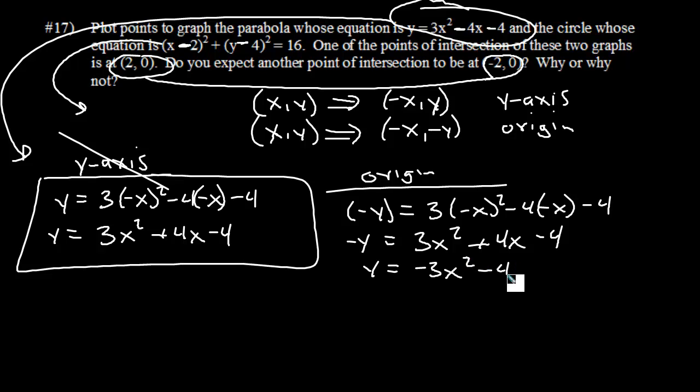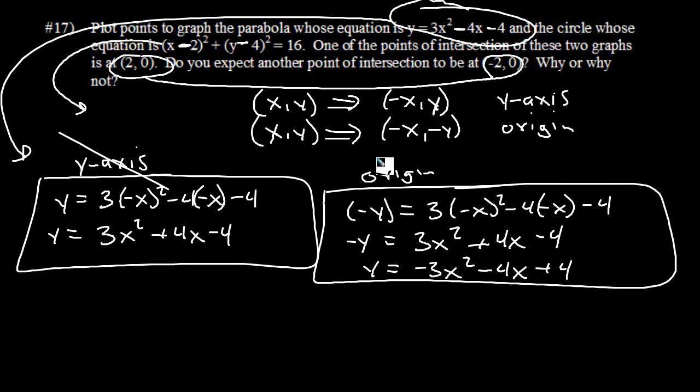And we can see that it is also not symmetric with respect to the origin. So if it's not symmetric with respect to either of them, even if the other one is, we would not expect this point to occur in the other intersection. So you can just write down that last sentence that I said after you've shown this work.